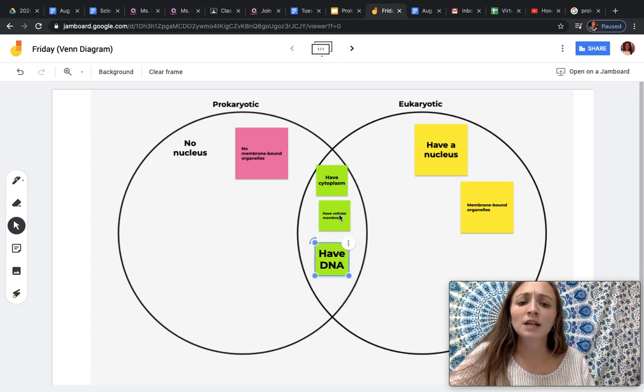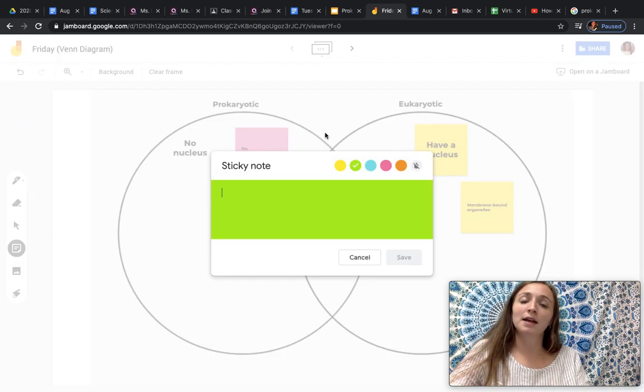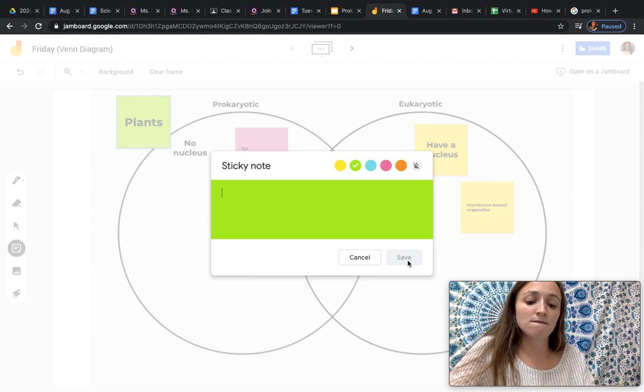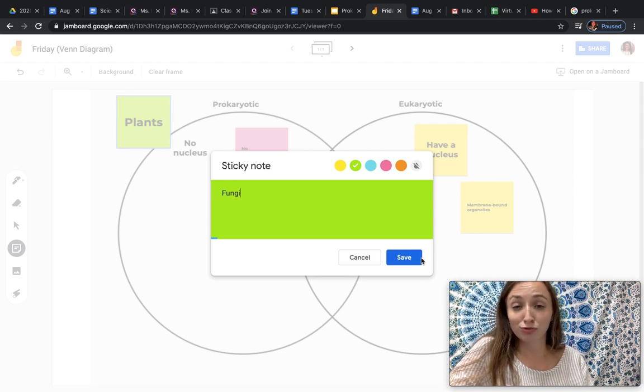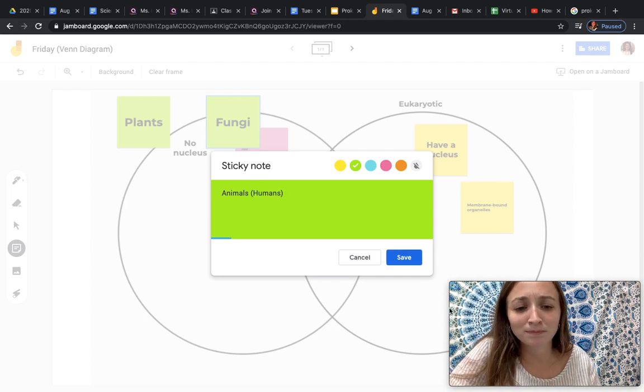All right. Now there's one more thing we can put for the differences. Like what kind of living things are eukaryotic? We can say plants are eukaryotic. We can say fungi, remember that's like mushrooms, a good example of a fungus, or like athlete's foot is a fungus. And also animals, and I'll include humans because we're in there as well.